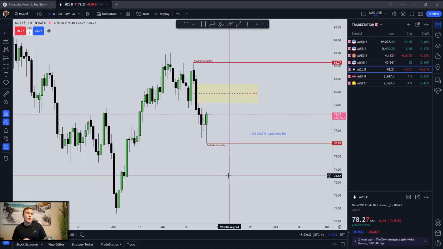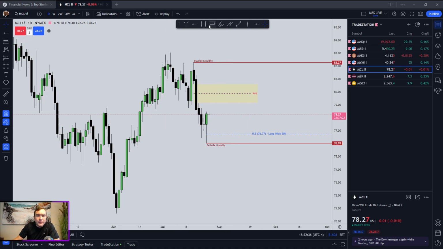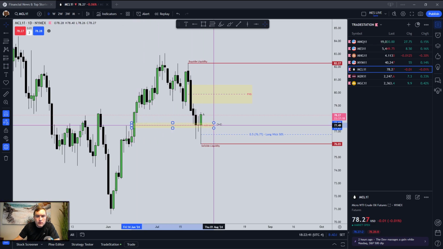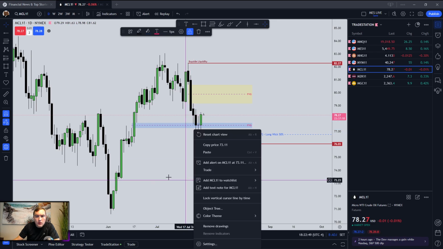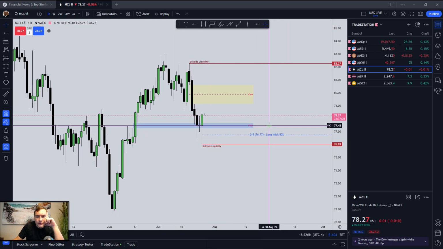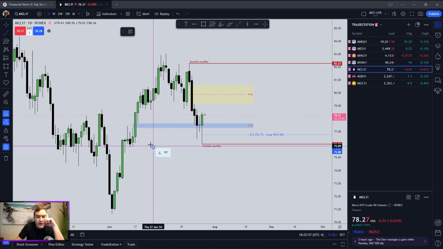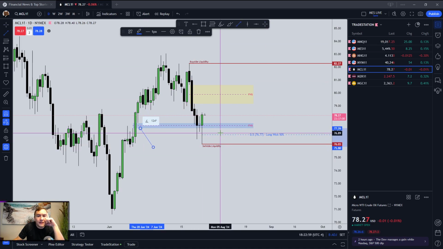First level of interest on crude oil, if we were to have a little bit of a sell-off, is $77.48. That's an old buy-side imbalance, sell-side inefficiency that the market has now traded through and rebalanced.